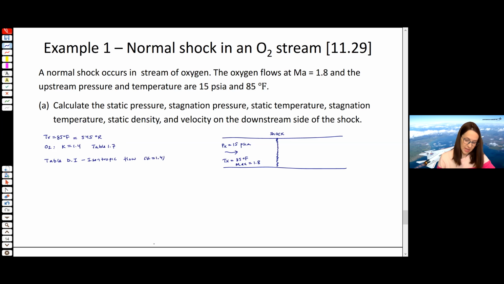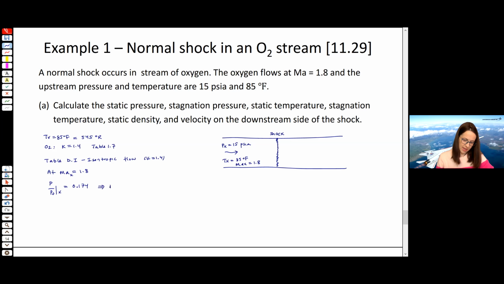Okay, from this table, we see that for an M sub X of 1.8, we can write down the following. P over P naught equals 0.174. Now, the nice thing is that the Mach number of 1.8 is given, so we don't have to interpolate for this problem.